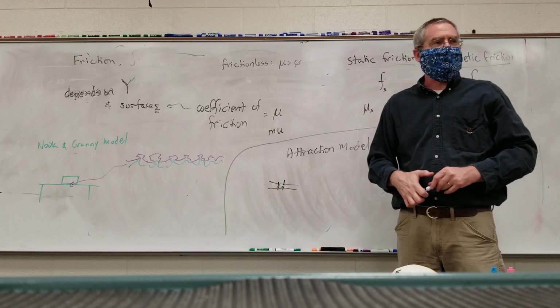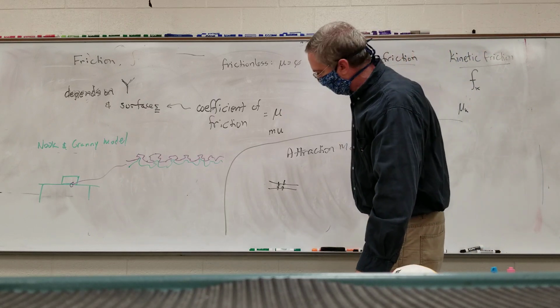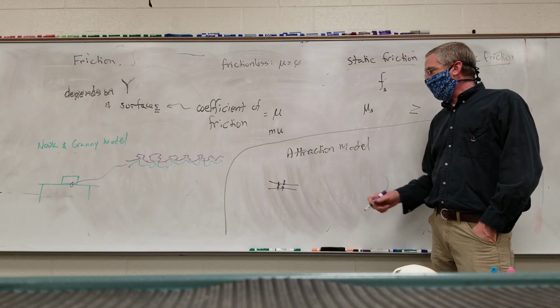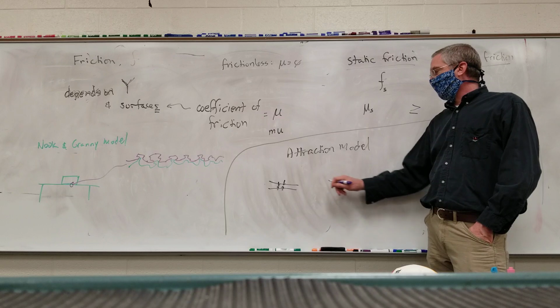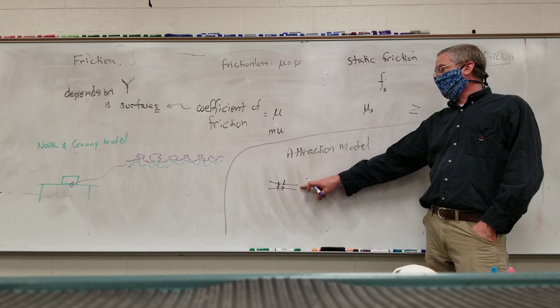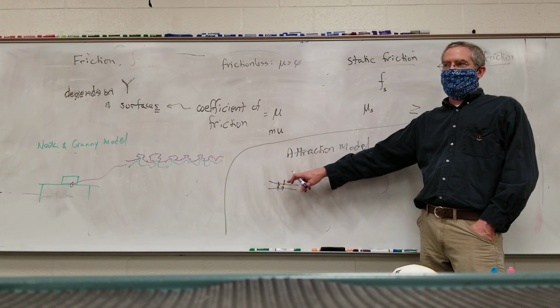It's a weak bond. I mean, most of you have managed to slide one thing over another. In the attraction model, by adding a lubricant here, you're potentially changing the bond here to make it easier to slide.